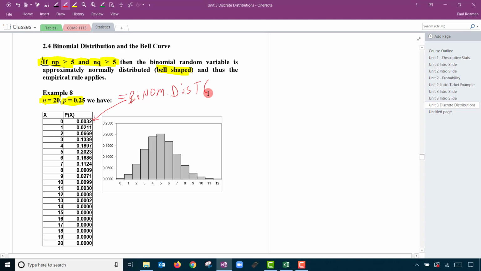I put my x, which is in A2, and then my n is 20, and my probability of success is 0.25. I don't want it to be cumulative because I want it to list them all individually. So I figured out the probability of 0 successes out of 20, 13 successes out of 20, and all of 20 successes out of 20. And then I plotted all my results.